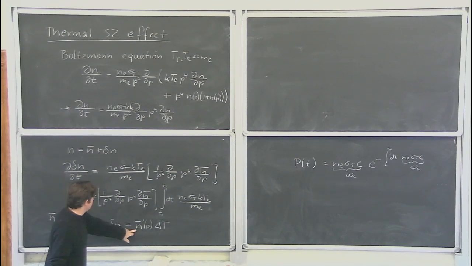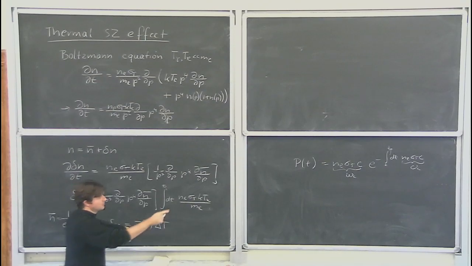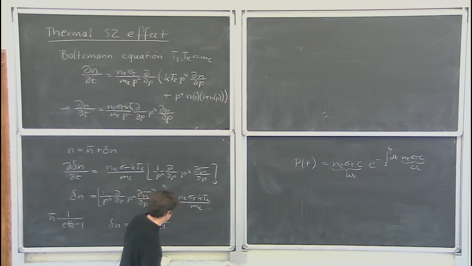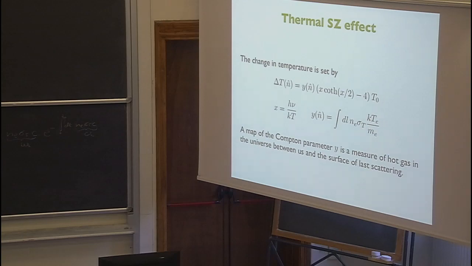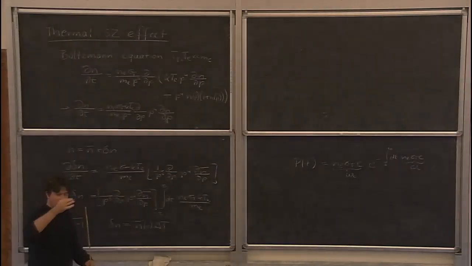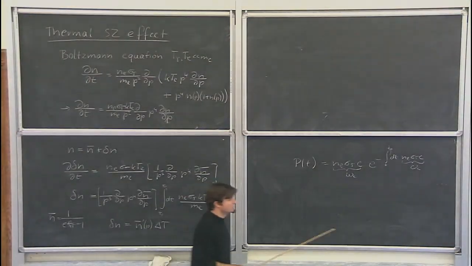And so that means we're just dividing this by this, and that gives you exactly what's written in the slide there. So if you just plug that in for the black body function, you're getting this contribution. And then y is just this integral that we have here, except it's converted from the time to the path length, but that's just a change of variables. But that's what the SZ effect is.